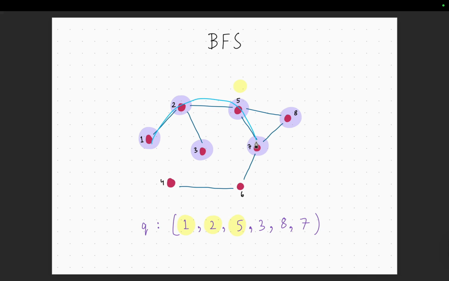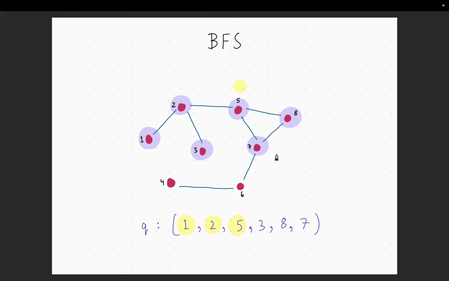This means that you can visit each edge at most twice as well, because you traverse along an edge at most twice. If your edge is U, V, then if you visit U first, then you go from U to V, and then back from V to U, and you never visit that vertex again. So the complexity is O of V plus E.